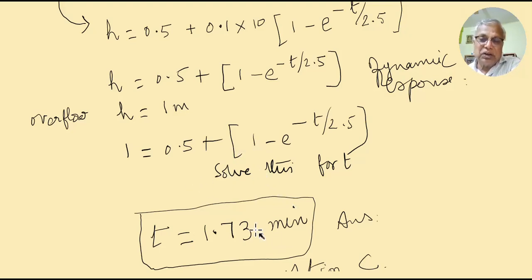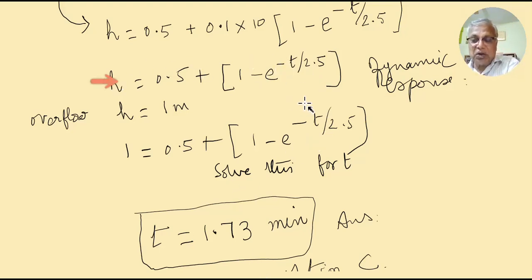Now, additional information: if you want to know the height of the liquid level in the tank at any particular instant of your choice, that also can be found from this response equation. For example, to know the height of the liquid level at 1 minute, I can substitute t equal to 1 minute and find h.